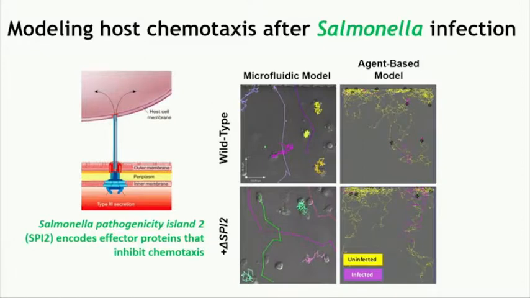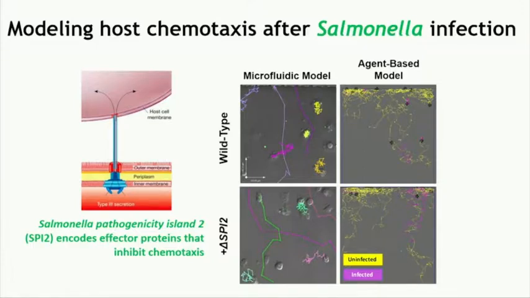Now, interestingly, Salmonella, like most bugs, harbor different genes. They're called pathogenicity islands that encode for different proteins that are virulence factors. So they're the ways that the bugs prevent our cells from naturally defending themselves.